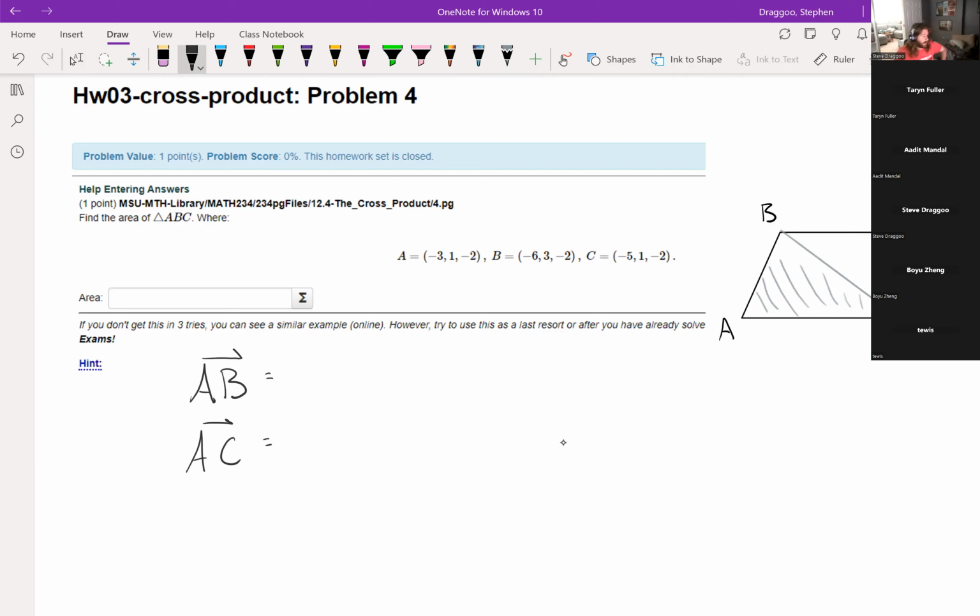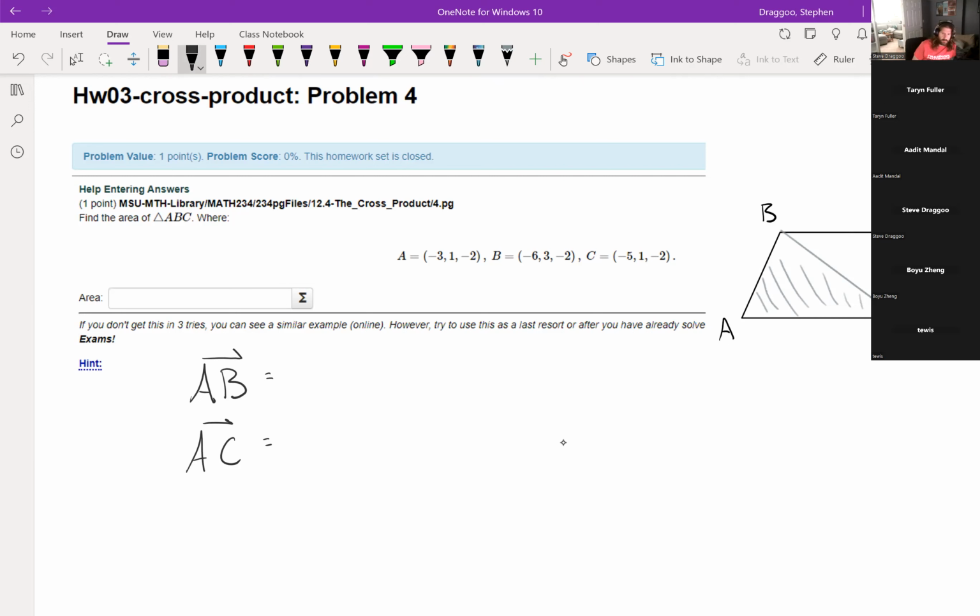And then take the cross product of those two vectors, which will give me the area of the parallelogram. And then once I've got that parallelogram area, I can just cut that in half to get the area of the triangle. We often see a 1/2 show up when we're calculating areas of triangles. Works the same way with this method.